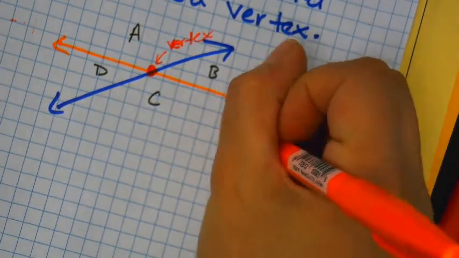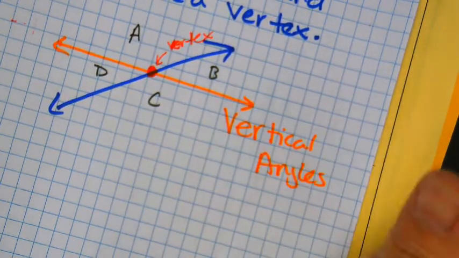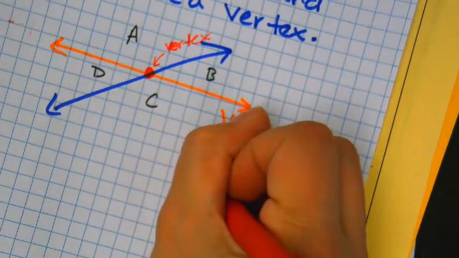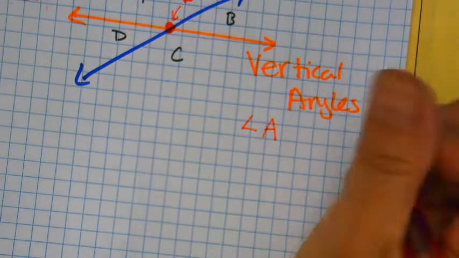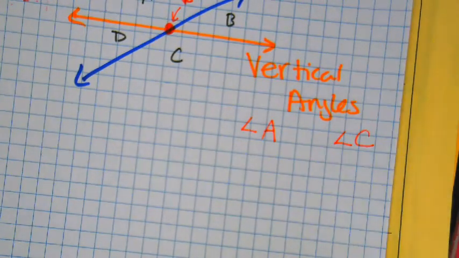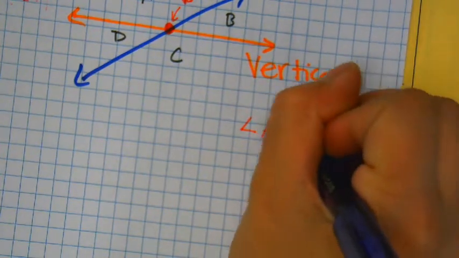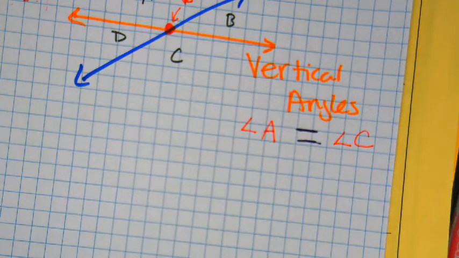So vertical angles are angle A and angle what? C. And what do we know about angle A and angle C? We know that they are obtuse, but most importantly, they're equal.